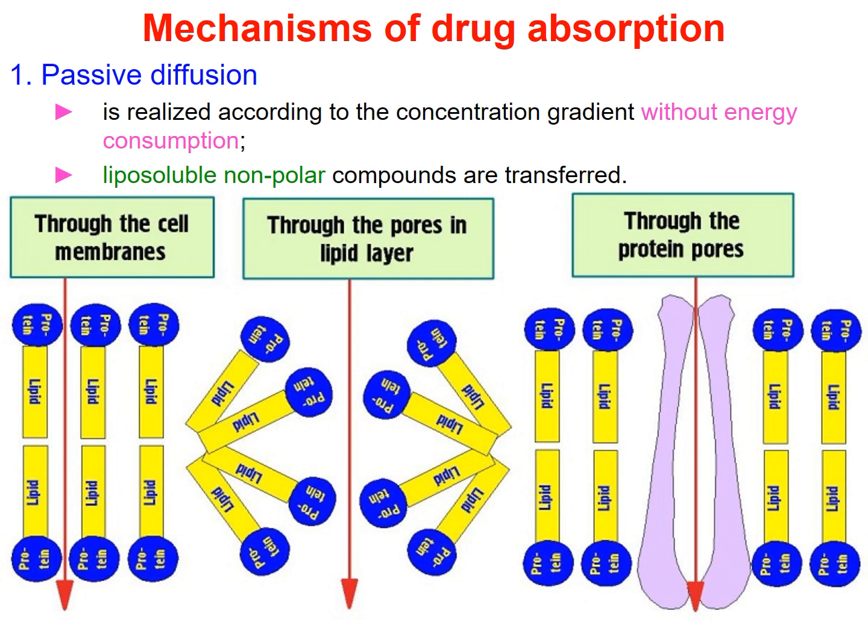Next, I want to cover the main mechanisms of drug absorption, which happens during the stage of the absorption of the drug through the mucous membranes. So there are several mechanisms which can be involved in this process. First, and the most widely utilized mechanism, is passive diffusion.